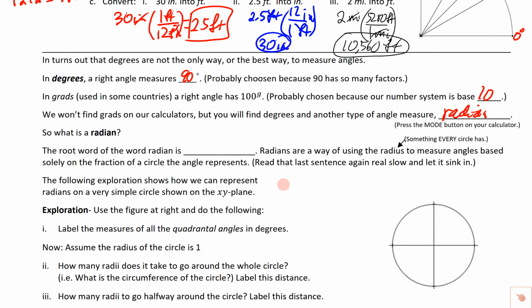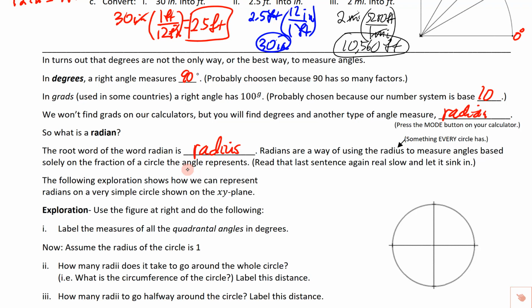Gotcha. Okay, so we're going to come back here. You want to take a guess at what the root word of radian is? Luke? Radius? Very good. Write the word radius here. So, radians are a way of using the radius, something that every single circle has, to measure the angle based solely on the fraction of the circle that the angle represents.